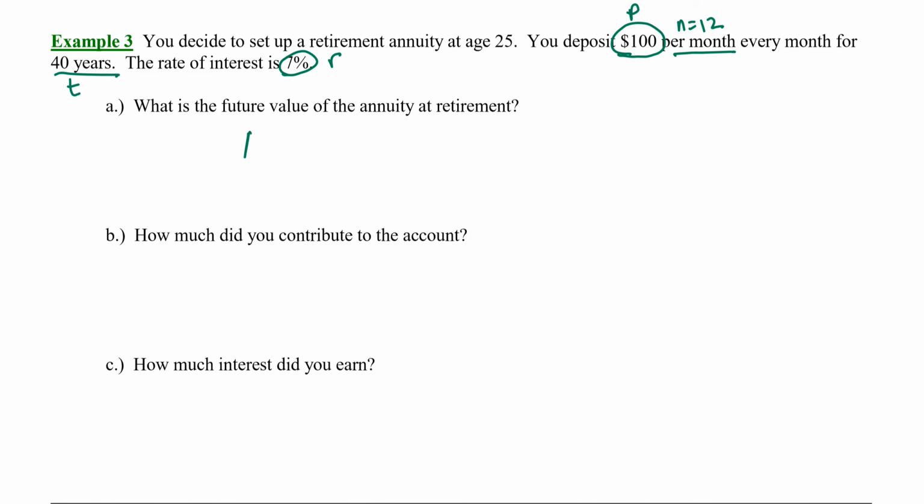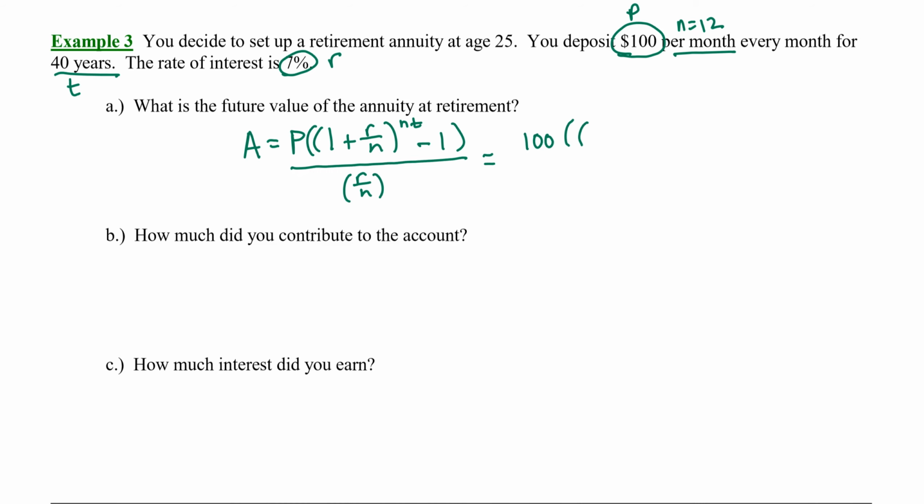So I'm going to write our formula down here so we can see exactly what's being plugged in where. Okay, so our payment P is $100 per month. Double open parentheses here. 1 plus the rate, our rate of interest is 7%.